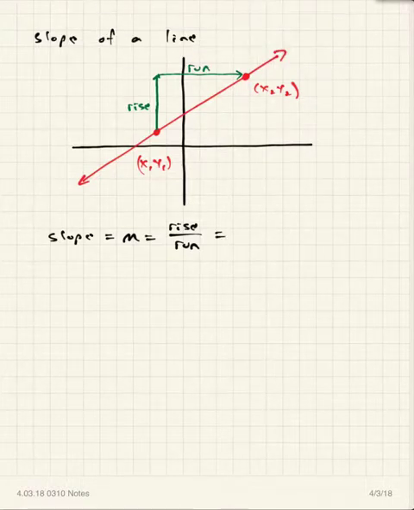The rise and the run actually can be calculated, right? The rise is y2 minus y1. It's just the difference in the y values. And the run is the difference in the x values, so it's x2 minus x1. And so that's a nice little formula for the slope, y2 minus y1 over x2 minus x1.